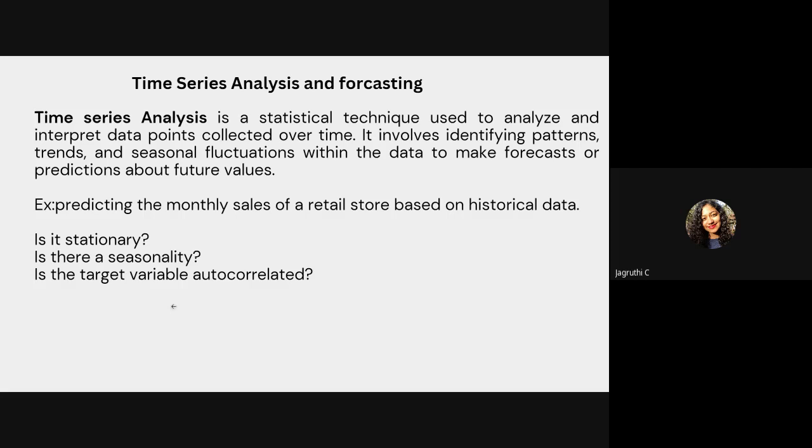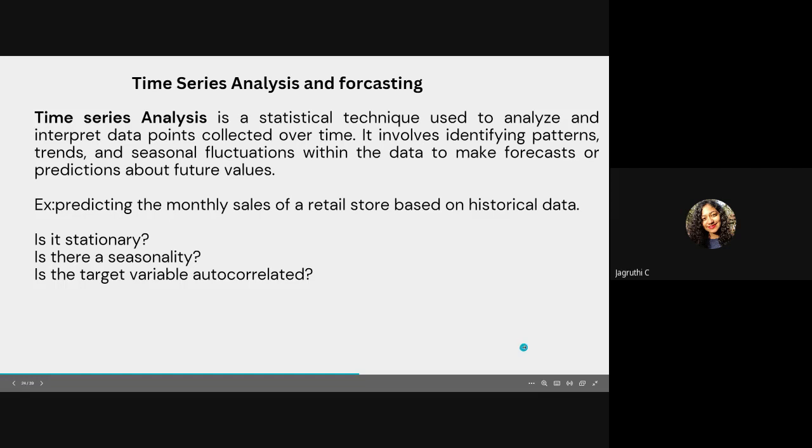Even if you talk about seasonality, you can take examples like your woolen clothes sales going up, especially during the winter, and your AC sales going up, especially during the summer. Things like this. So, is the target variable auto-correlated? Is it auto-correlated with all your other independent variables? Things like this.